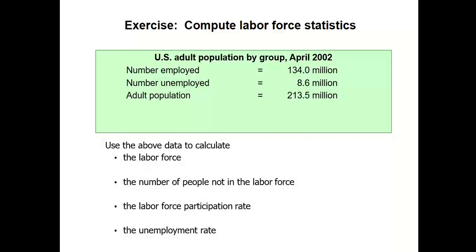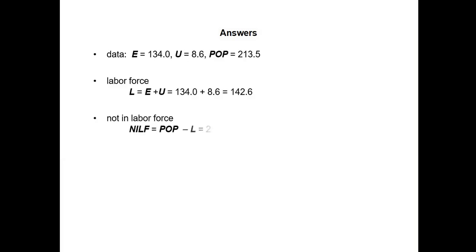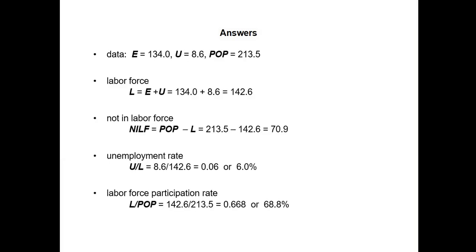Now use the above data to calculate the labor force, the number of people not in the labor force, the labor force participation rate, and the unemployment rate. Answers are given over here.